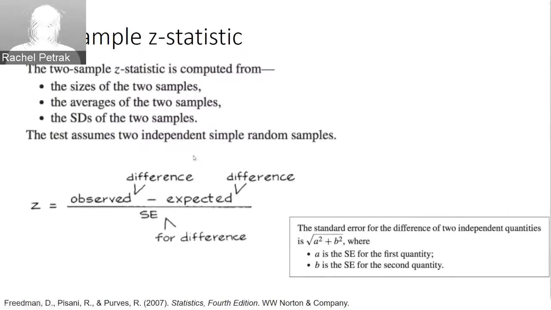Even though the control and treatment averages can be thought about as mathematically dependent in some ways, ordinarily treating the two samples as independent and drawn with replacement will give you an excellent approximation for the standard error for the difference between the averages.